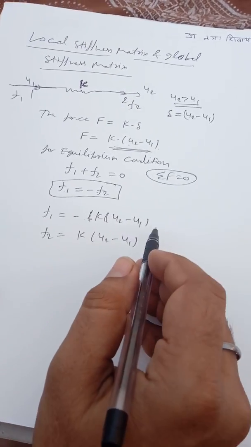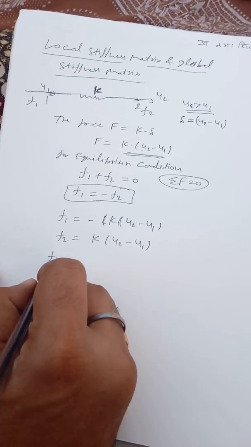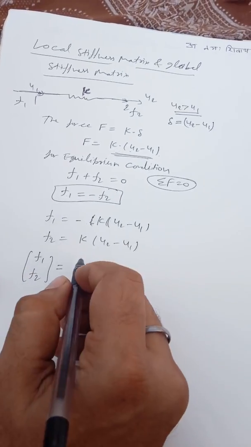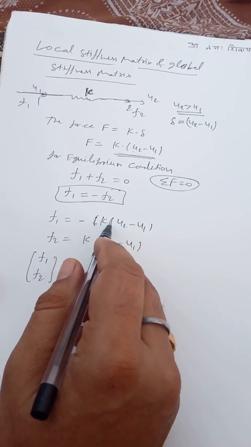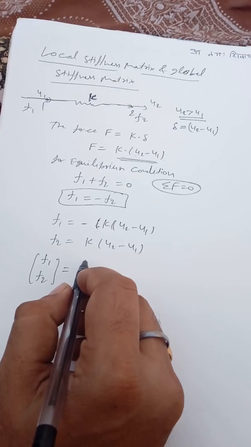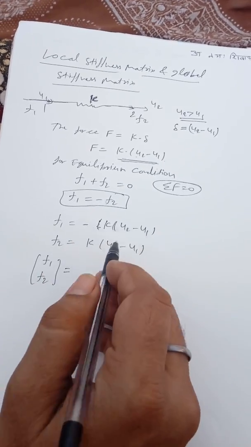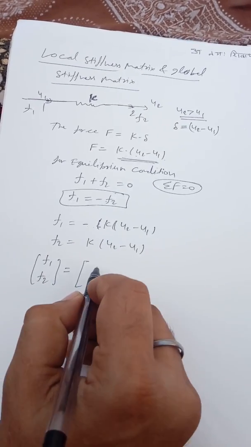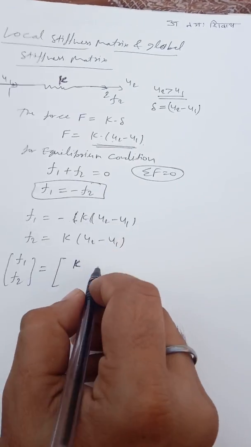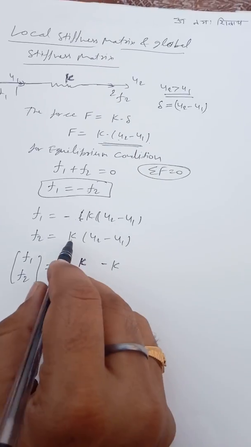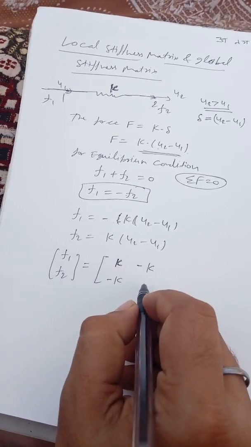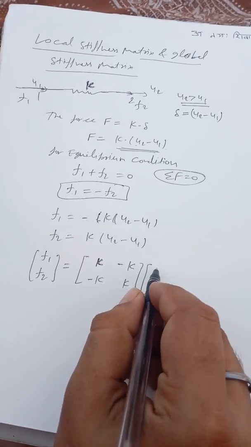Now we just convert this into matrix form. So F1 and F2 is equal to, we just multiply inside, so minus and minus is a plus, so that k is positive, and this into this is minus k, this into this is minus k, this is k, and here is u1, u2.